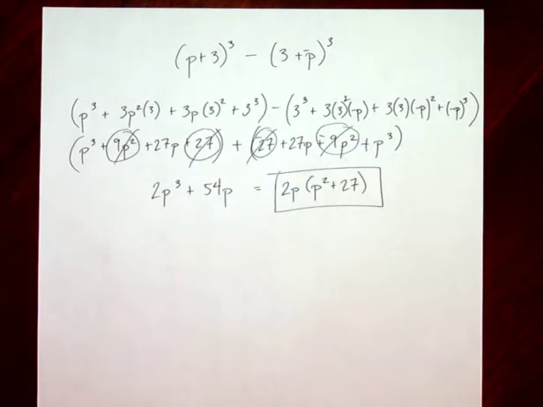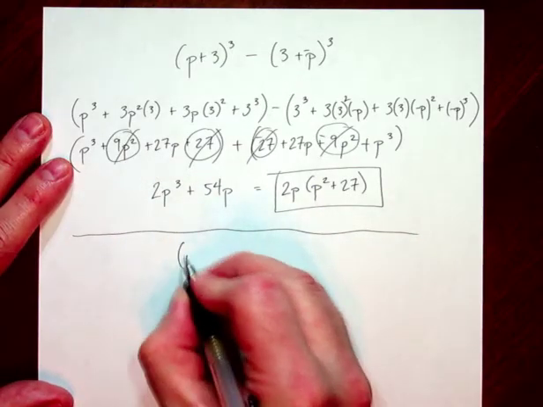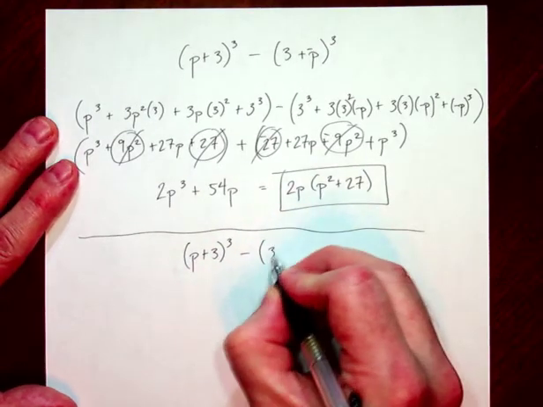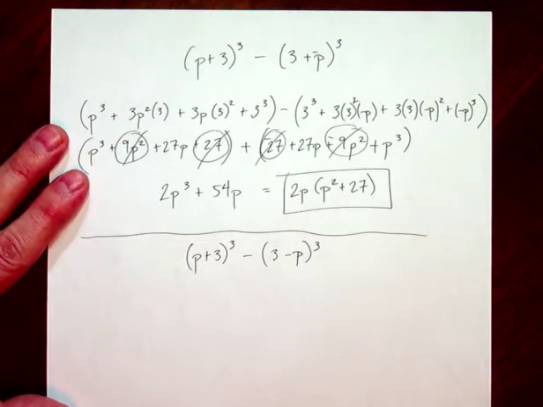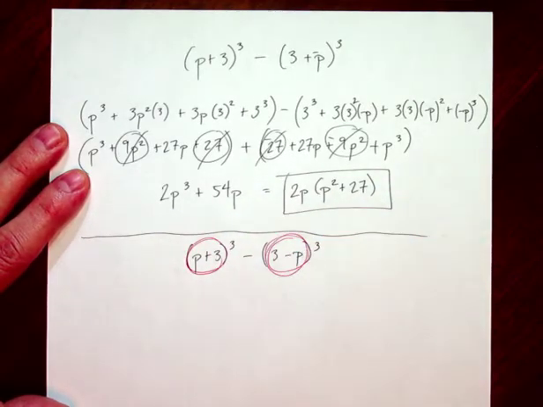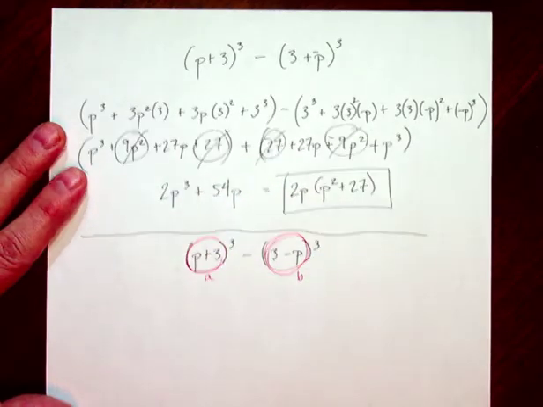And there's the factorization. If you were to do it by the difference of 2 cubes, you wind up getting the same thing. Okay. You just have to remember that that is a single quantity, that is a single quantity in terms of basically this is our A and this is our B for our formula, okay?